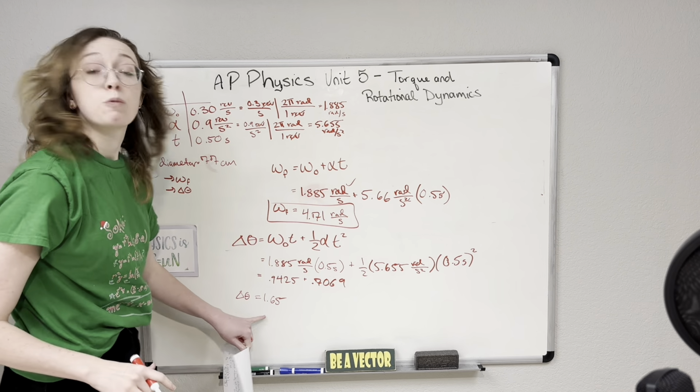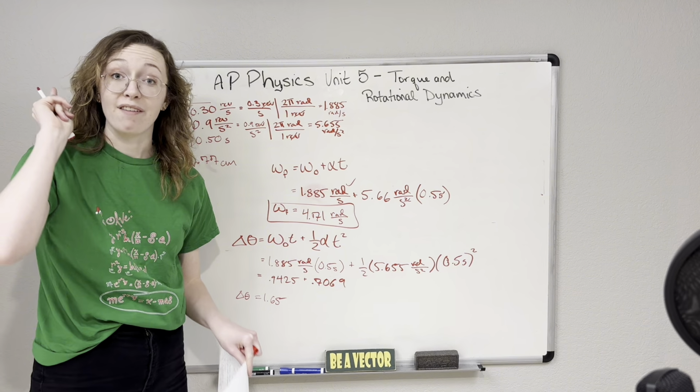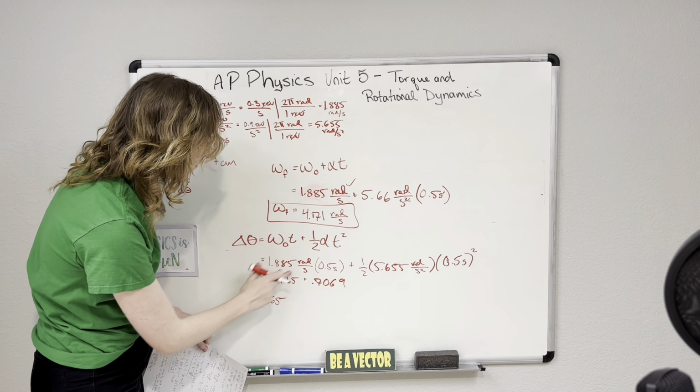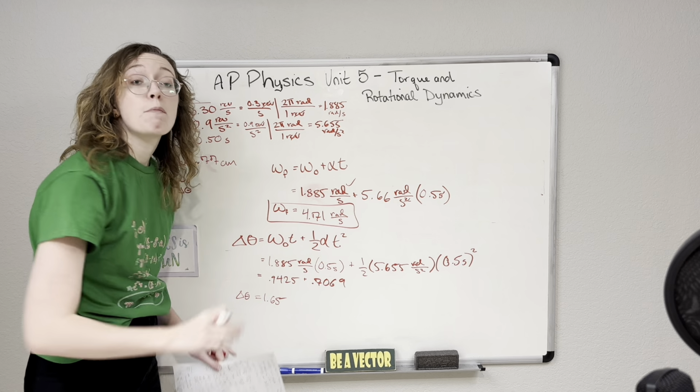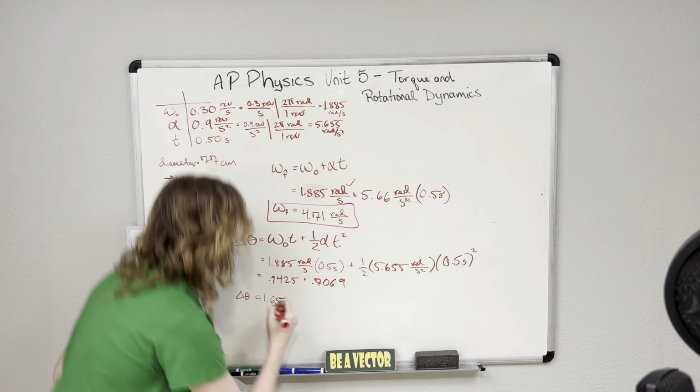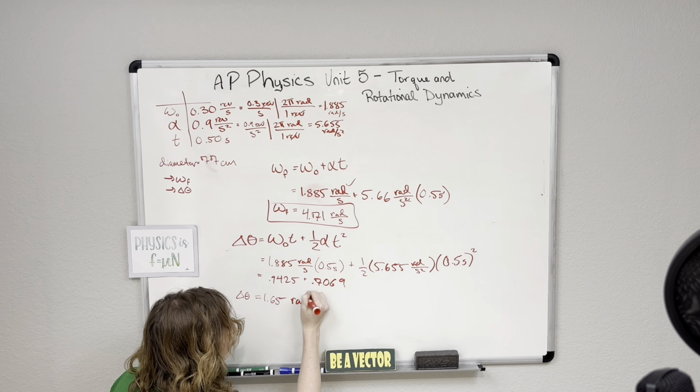But I'm not done, that's 1.65, but 1.65 what? Well, all of our values have units of radians per second times second, seconds cancel out. This is 1.65 radians.